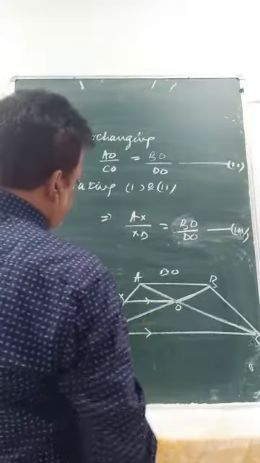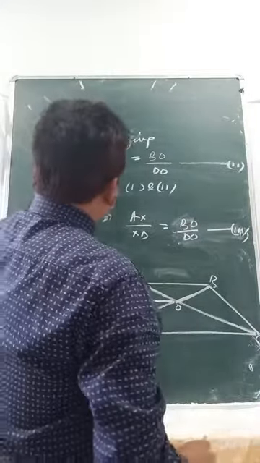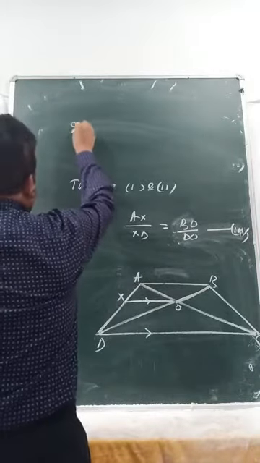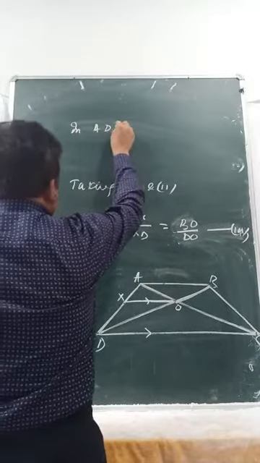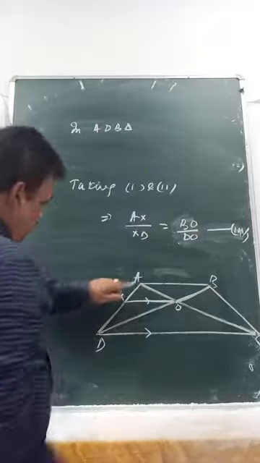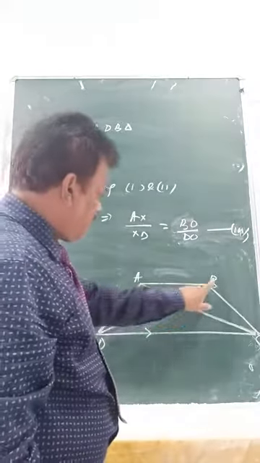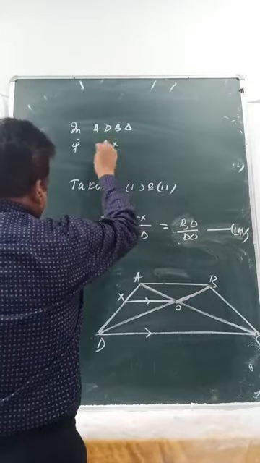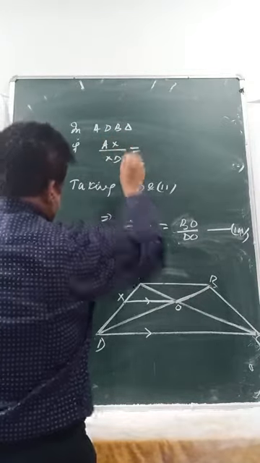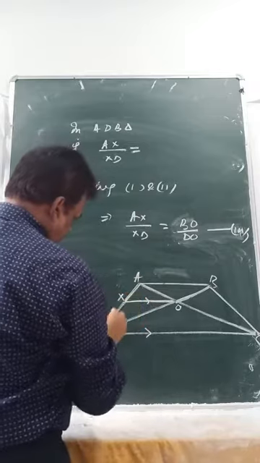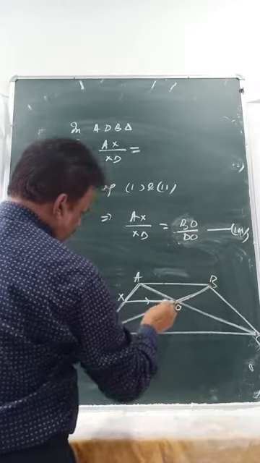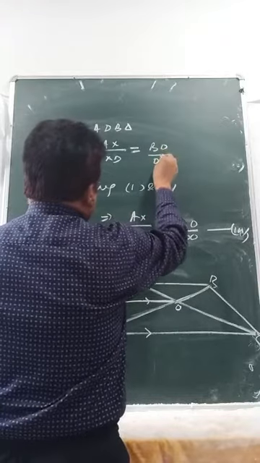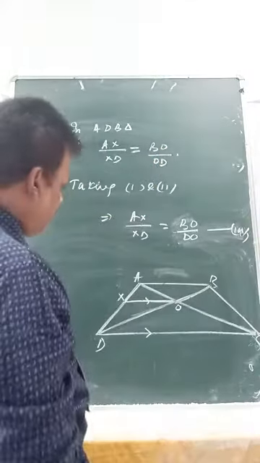Now you can write here, in triangle ADB, if AX by XD equals BO by OD, then what do you get?